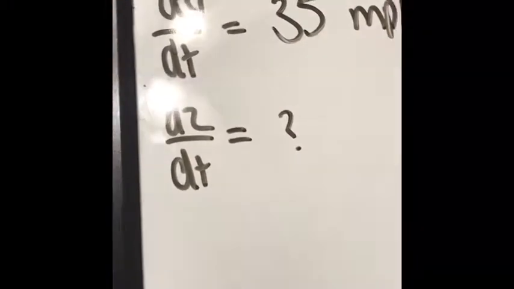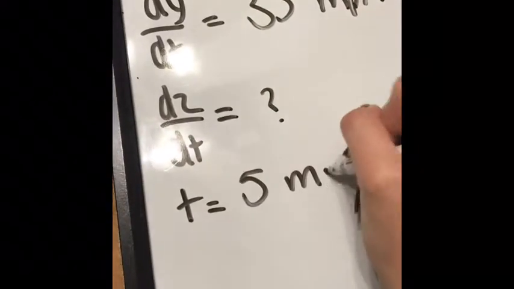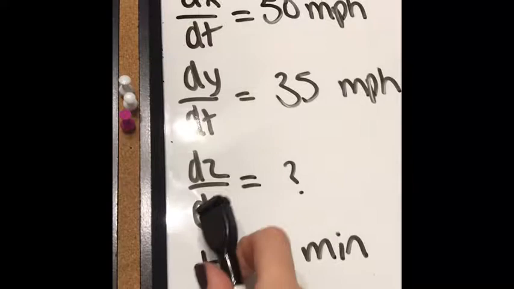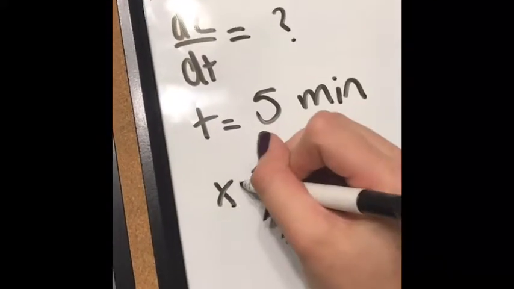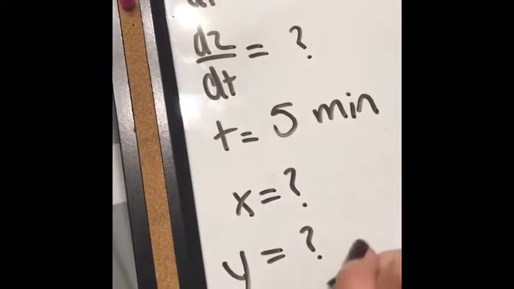And then it also gives us that time equals 5 minutes. In order to find the rate at which it's changing, we need to find all the sides. So we also need to find x, y, and z.